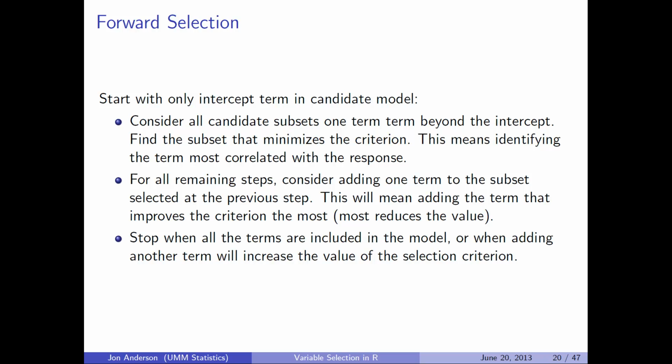And that will be the first term we enter into our model. And then we will look through the remaining predictors and add the next most significant predictor and keep adding significant predictors one at a time until we run out of significant predictors to add. And that's when we stop. And that is the forward selection method.